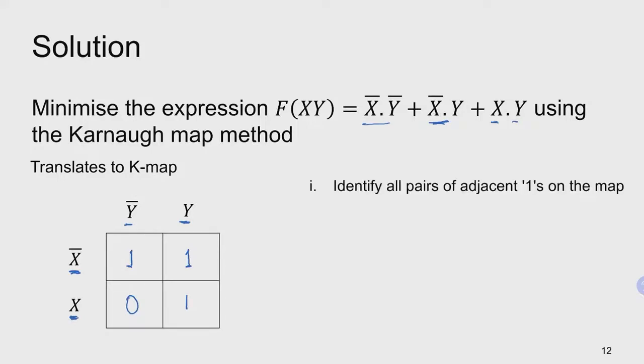So the next step, step 1, is to identify all pairs of adjacent ones on the map. So horizontally, here we have a pair of y.